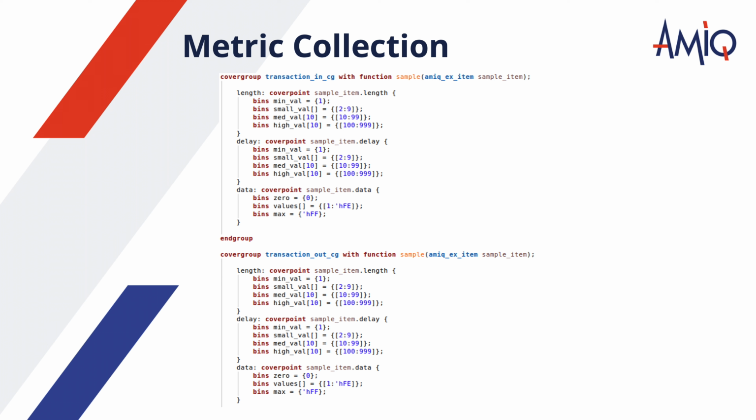The final piece of the puzzle is the metrics. For this purpose, we define coverage as seen in the two pictures on the screen. In the example shown, the covered metrics are parameters of the input and output transactions. These are not the only metrics that can be collected. Any number of events, parameters, fields, or configuration values from both the RTL as well as the testbench can be recorded using coverage.